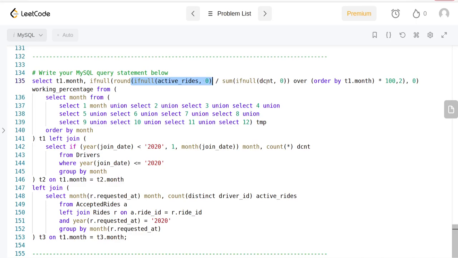The denominator is calculating the running sum of the total drivers over the months, and the numerator is the sum of the accepted rides. If any of that becomes null, we take 0. Otherwise, we round it to two decimal places. That's all I wanted to cover in this video. Thanks for watching.